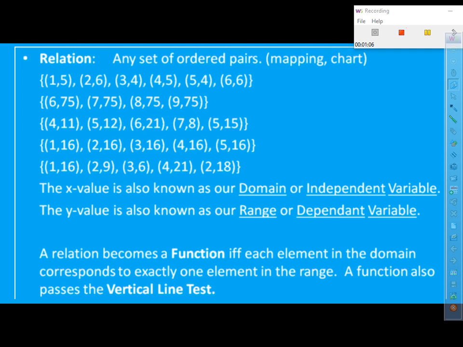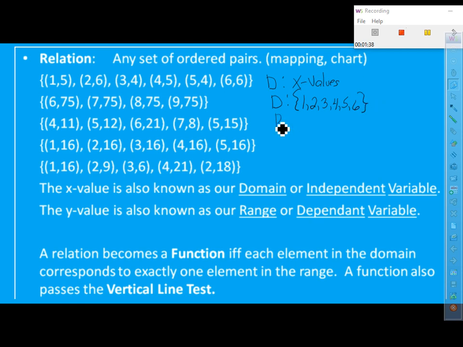Now, here comes some terminology for you. The domain of any set of ordered pairs is simply your x values. So in this case, the domain for this first one would be the numbers 1, 2, 3, 4, 5, and 6.